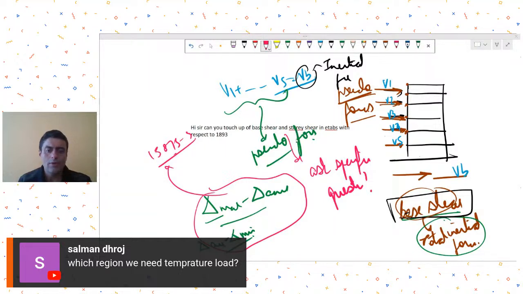From there you find out the temperature difference, which is T max minus T ambient and T ambient minus T min. This will give you the deltas. So the higher the temperature difference, the higher the temperature load. All right, so this was related to story shear and base shear.